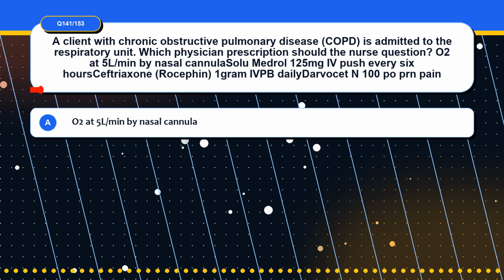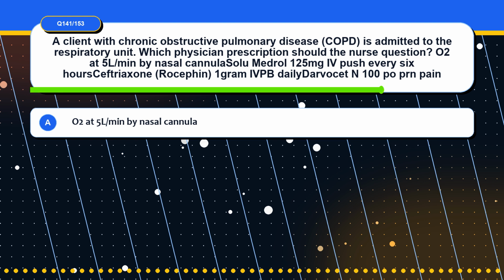Question 141. A client with chronic obstructive pulmonary disease (COPD) is admitted to the respiratory unit. Which physician prescription should the nurse question? O2 at 5 L/min by nasal cannula, Solu-Medrol 125 mg, Rocephin, ceftriaxone 1 gram IV daily, Darvocet N100 PO PRN pain.